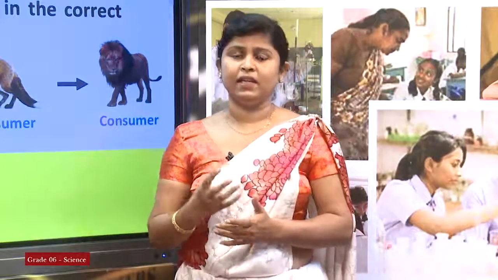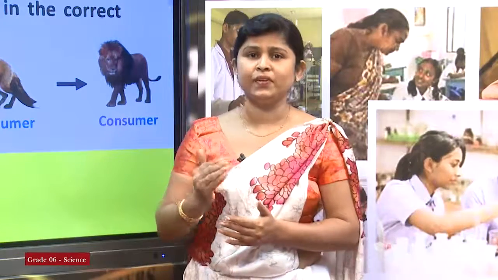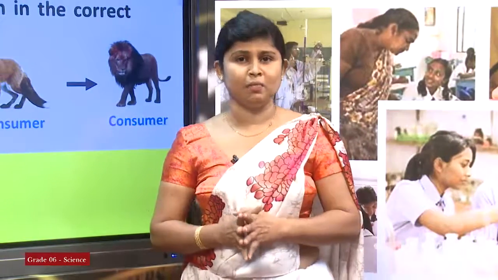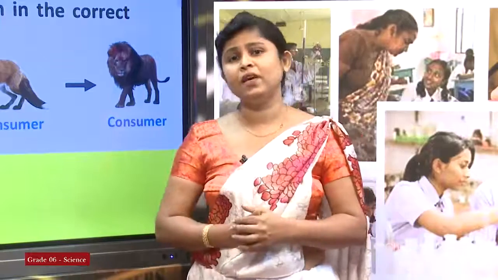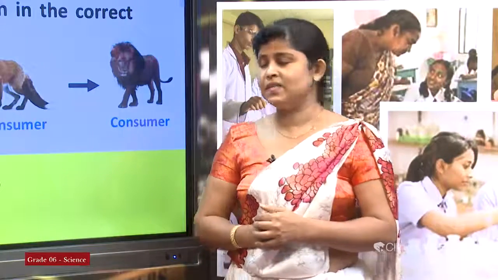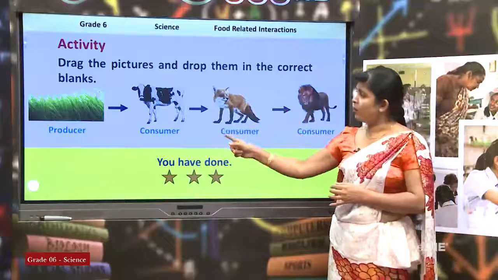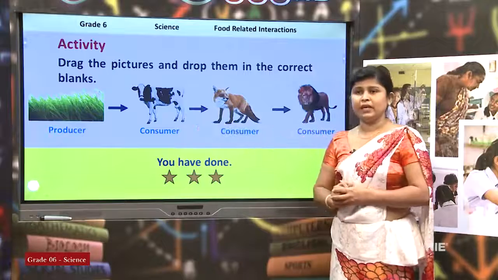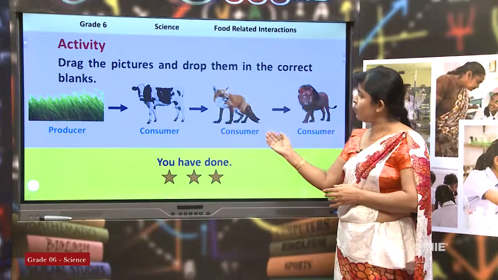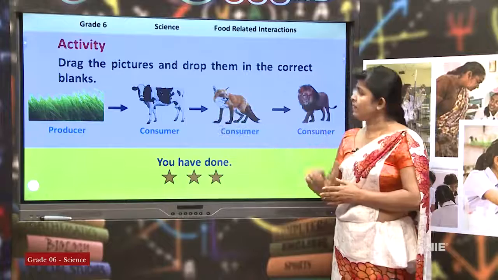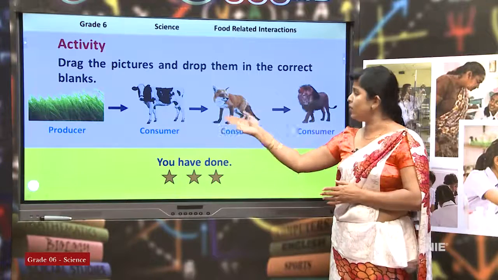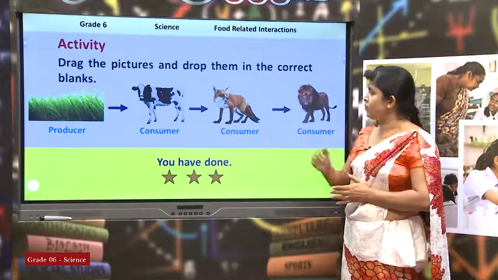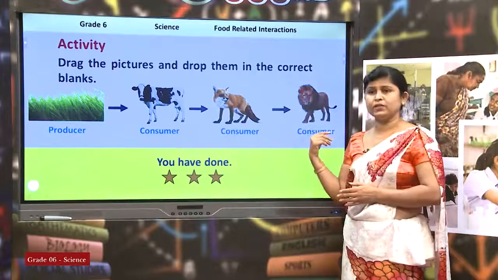The energy in the green plant is transferred through the food chain, and the food stored in the green plant is also transferred through the food chain. When the cow eats grass, the cow gets the energy stored in the grass, and when the fox depends on the cow, the energy stored in the cow goes to the body of the fox, and then the lion depends on the fox, so the energy is transferred to the lion.